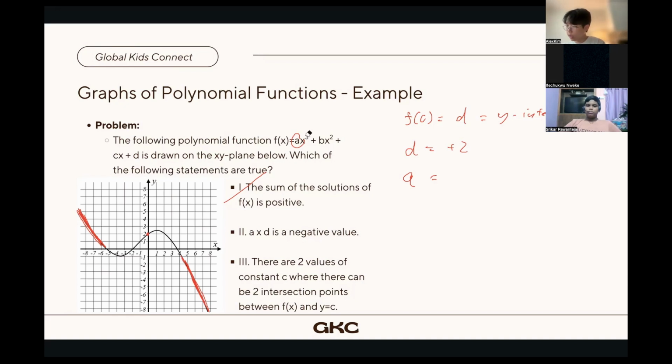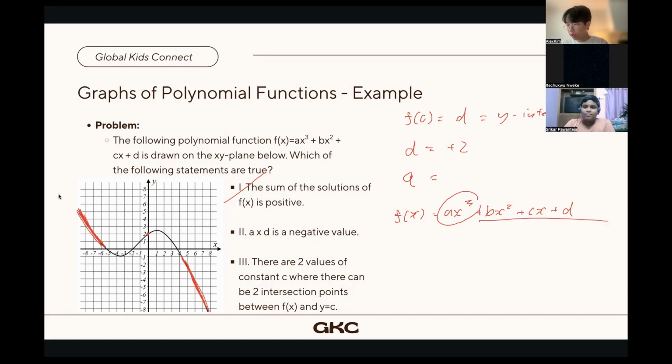This means that a would have to be, so if we again write down f of x in one line, ax to the power 3 plus bx to the power of 2 plus cx plus d. Key thing to note is that as the x value magnitudes get greater and greater, the value of ax to the power of 3 will get much larger compared to the other values here.